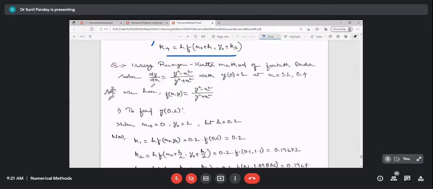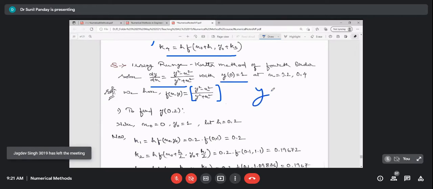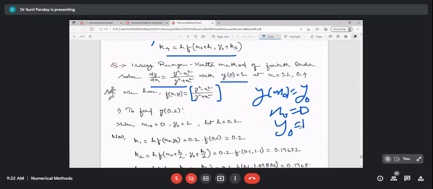So in this method again, we have dy by dx, then we identify what is f of x, y. F of x, y is this one: (y square minus x square) upon (y square plus x square), and y of x naught equals y naught is given. So here x naught is 0 and y naught is 1.